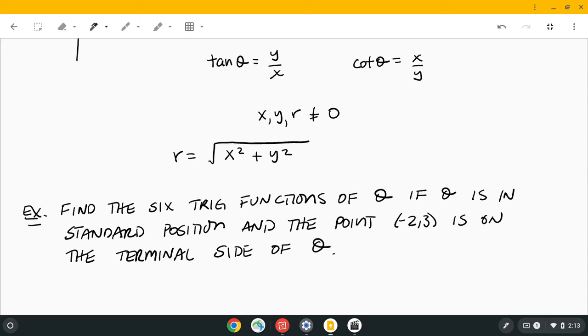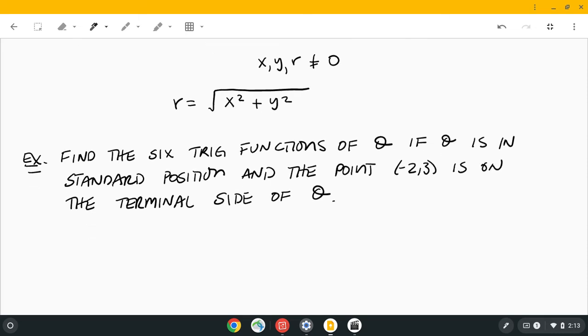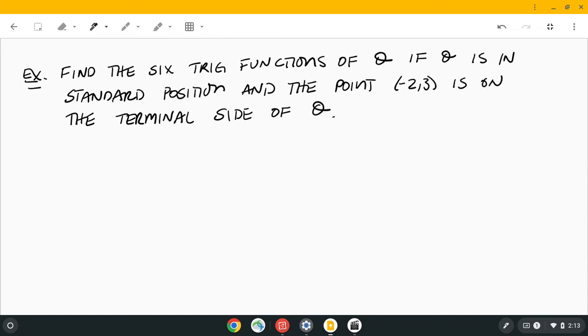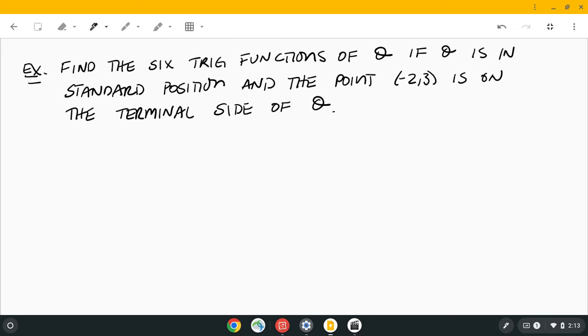Okay, it always helps to draw it just to make sure you have all the signs correct. All right, so -2, 3. So -2, 3 is right here. Okay? All right, so we know that x is equal to -2.